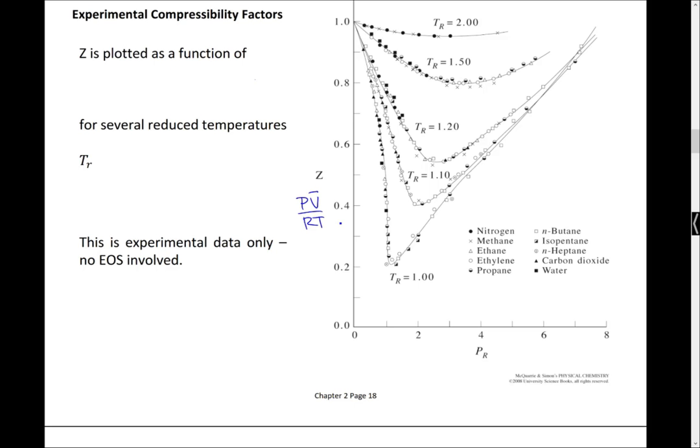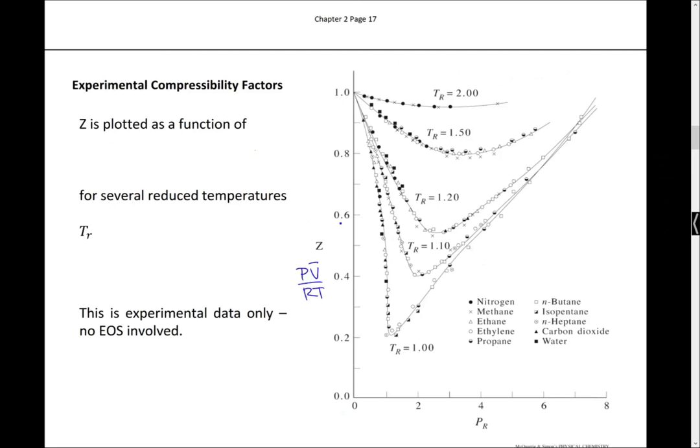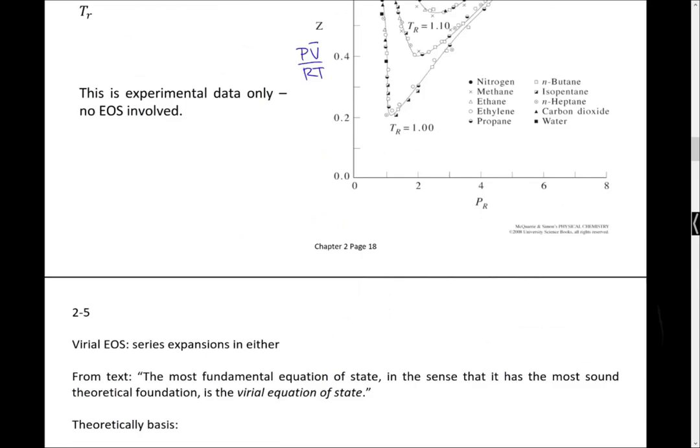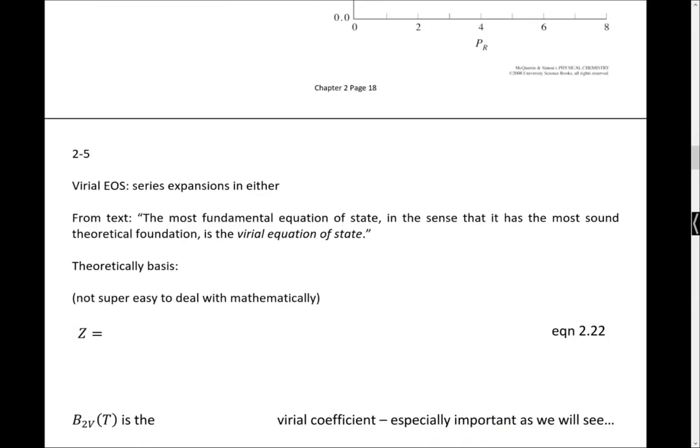But what we see is that as long as we're looking at the same conditions relative to the critical point, we have the same behavior. So for this curve, all of these are at the critical temperature, and on this axis is the reduced pressure. And of course that holds true for other temperatures. So experimentally, we see the law of corresponding states is something that's important and works. Any questions about that?